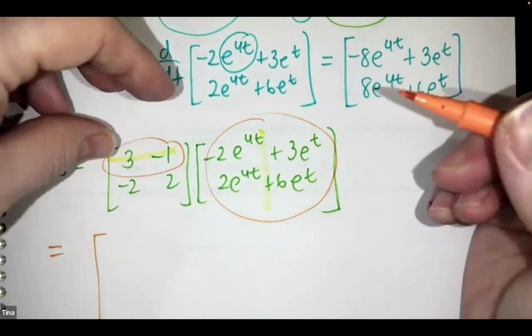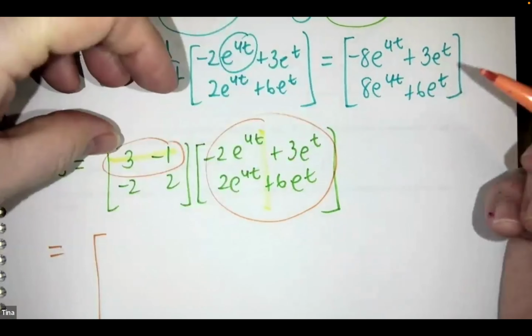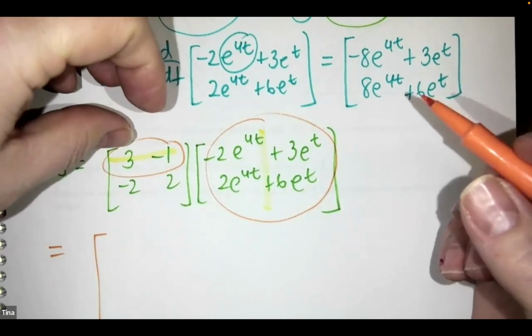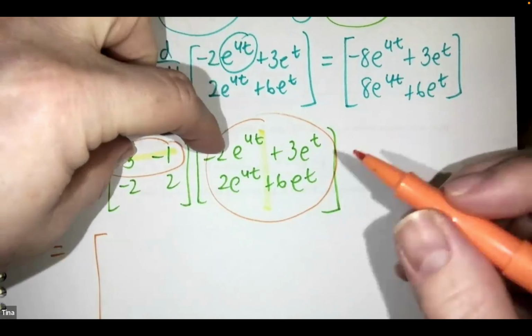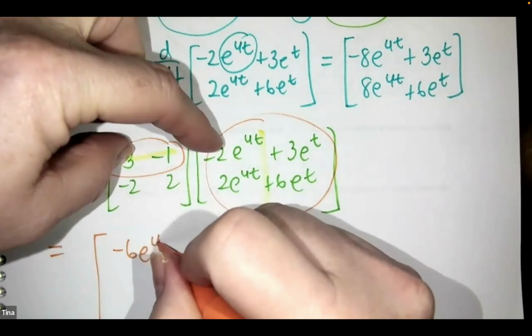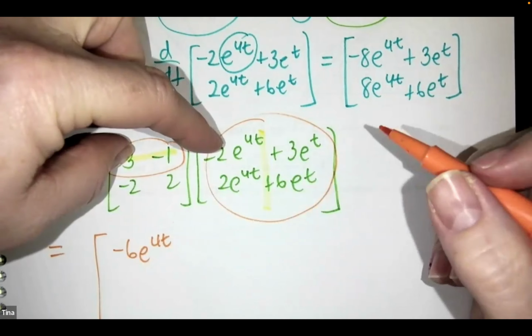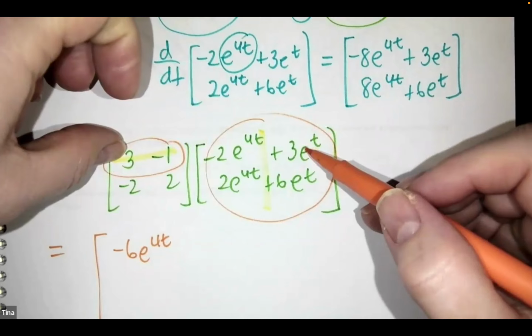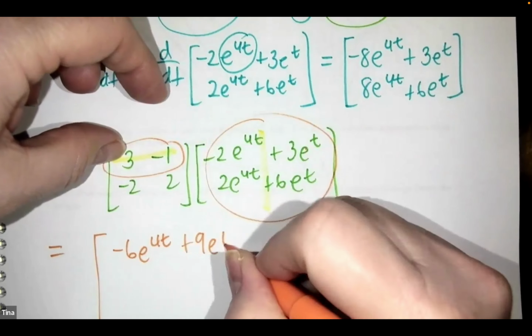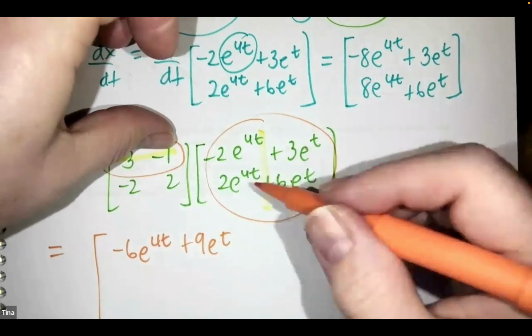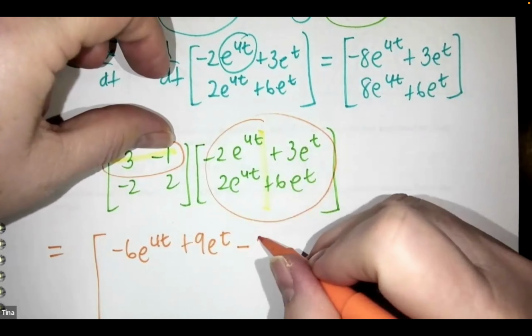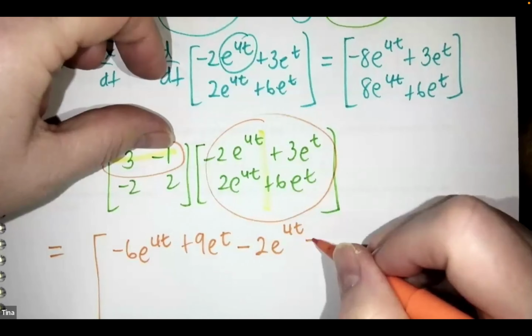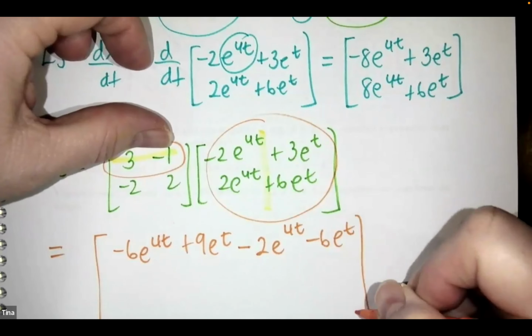So it'd be 3 times this top. 3 times negative 2, so that's negative 6 e to the 4t. And then 3 times this would be plus 9 e to the t. And then minus 1 times the bottom, which would just be minus 2 e to the 4t minus 6 e to the t.